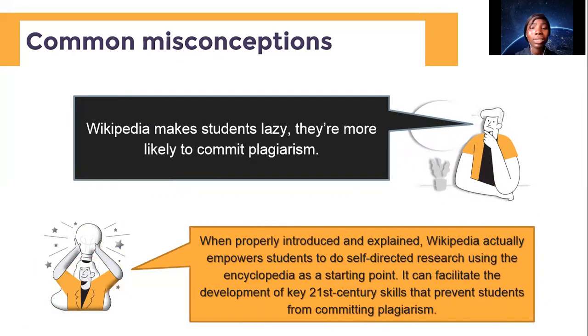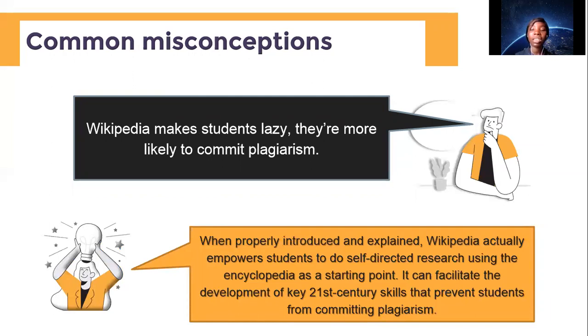Some say Wikipedia makes students lazy and more likely to commit plagiarism. But when you introduce Wikipedia properly and explain the real concepts of Wikipedia to students, Wikipedia actually empowers students to do self-directed research. It enhances their research skills and makes them content creators. It makes them monitor information as well, using the encyclopedia as a starting point.